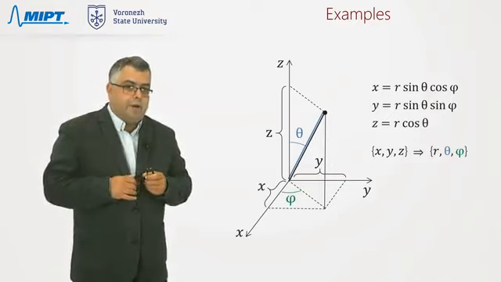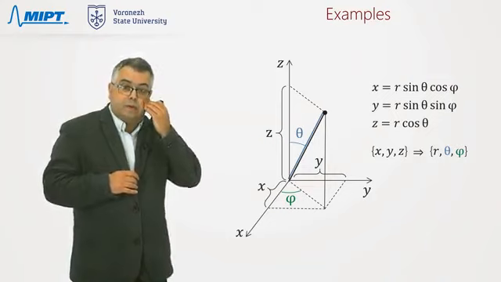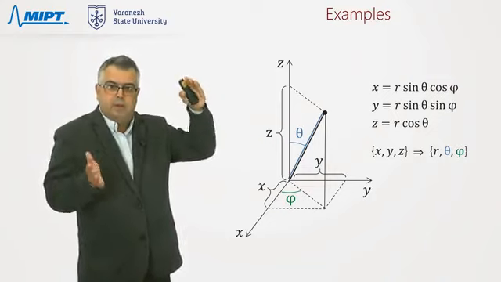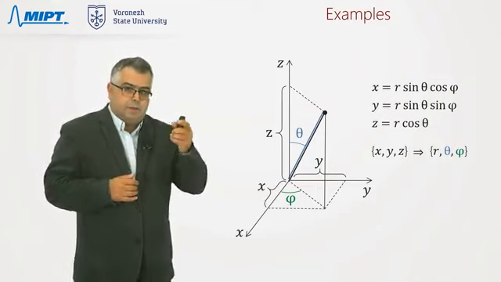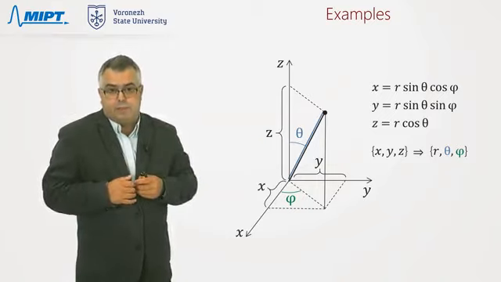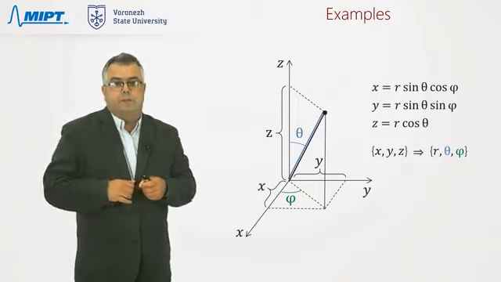If our particle moves on the surface of a sphere, the distance between the origin and our particle stays constant. So in that case, we need only two parameters, two angles theta and phi, to describe our system. We say that our system has 2 degrees of freedom.